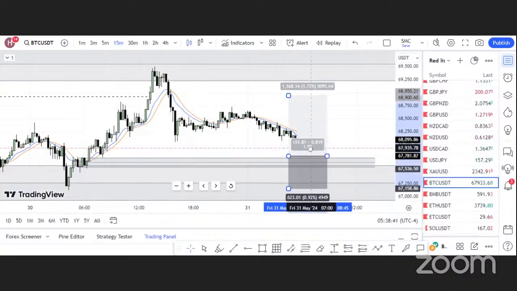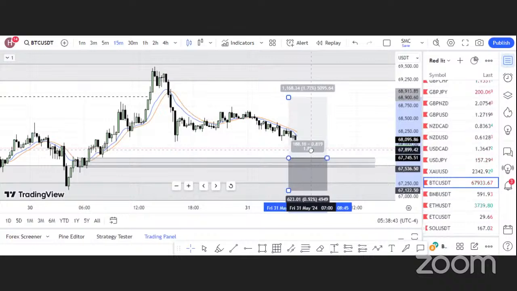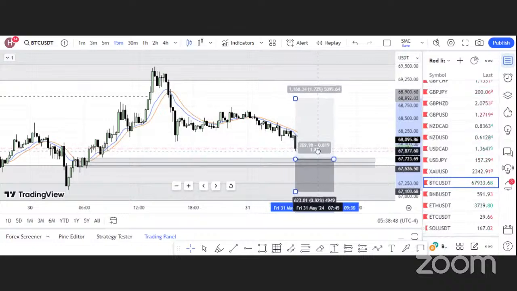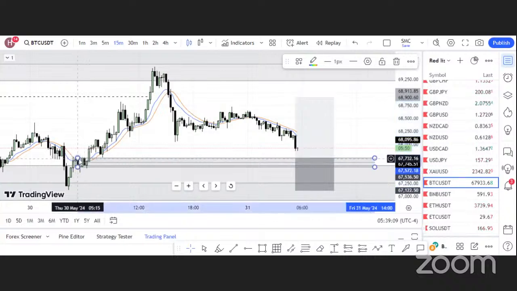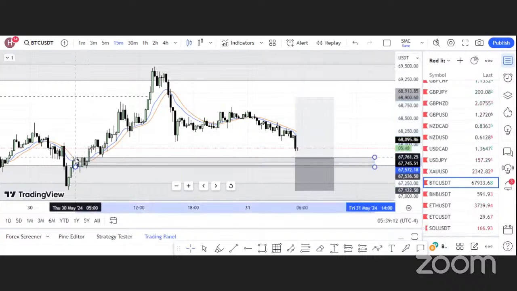We have another order block right below this current one. The market will always reverse from the lowest order block, which is the first order block. And I think the market is coming down to this level, because as you can see here, the order block is not mitigated yet.